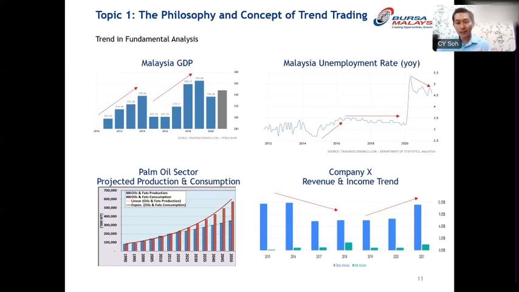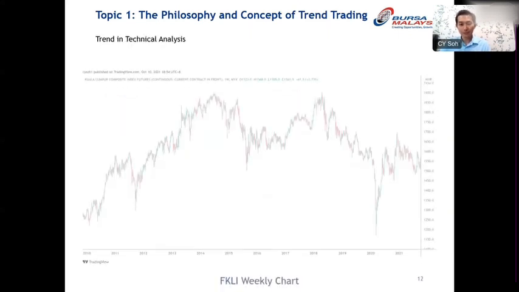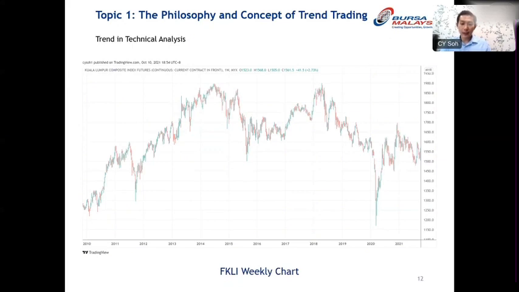So whether the data shows you positive or negative towards the price movements, you need to equip yourself with the necessary fundamental knowledge to be able to analyze and interpret the data accurately. Now let's have a look at trends using technical analysis. This is a typical FKLI weekly chart.